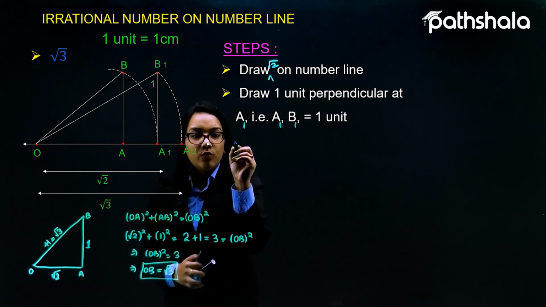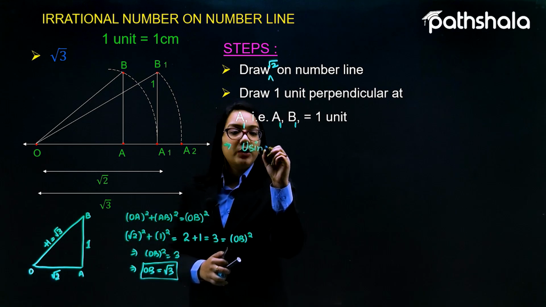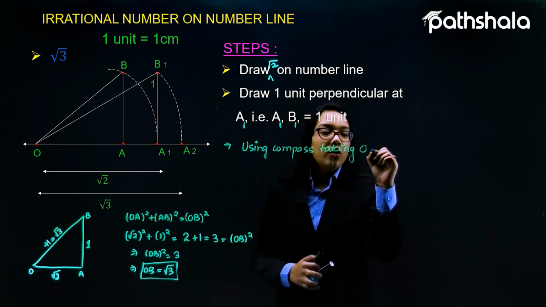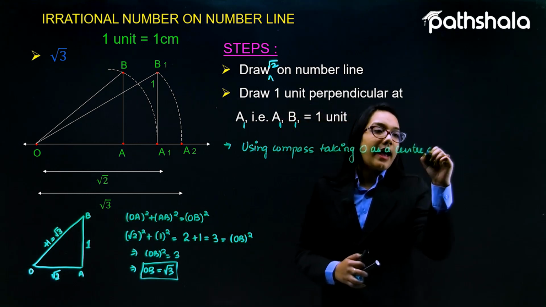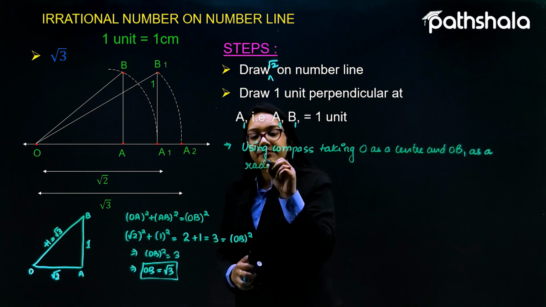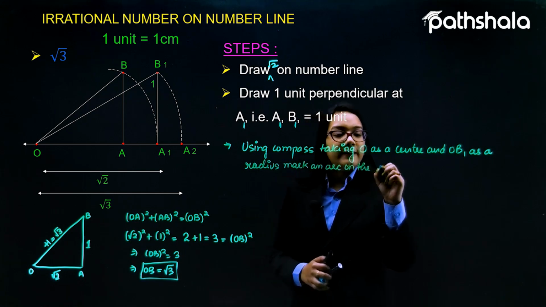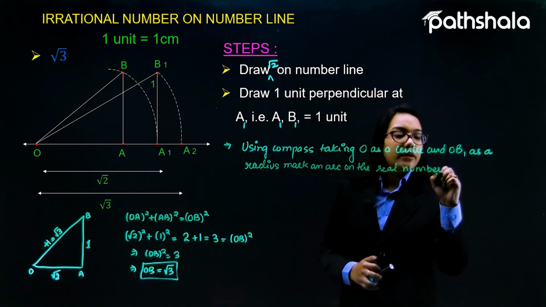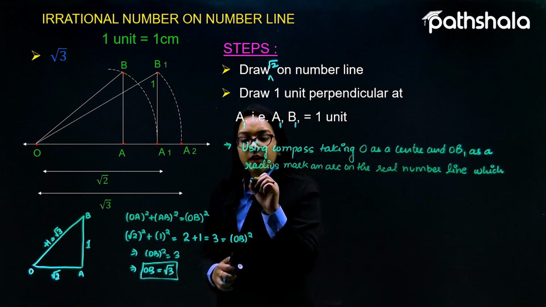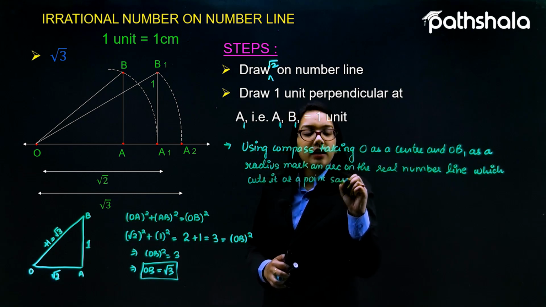Now furthermore, the next step would be using the compass, taking O as a center and OB1 as a radius, mark an arc on the real number line, which cuts it at a point, say A2.